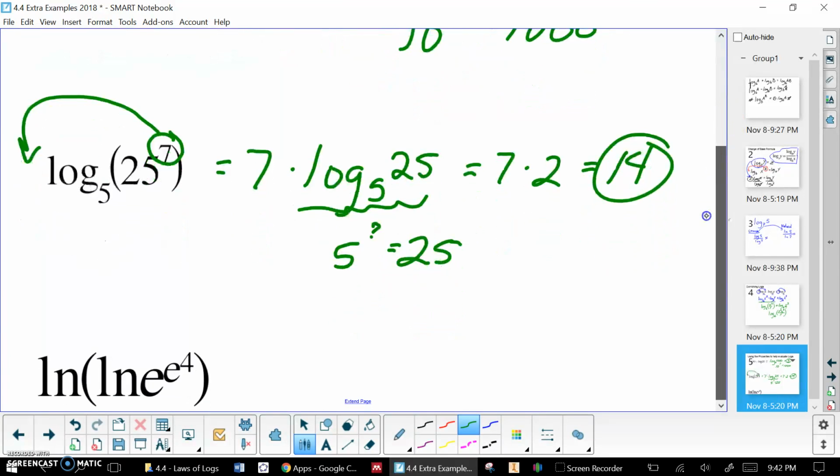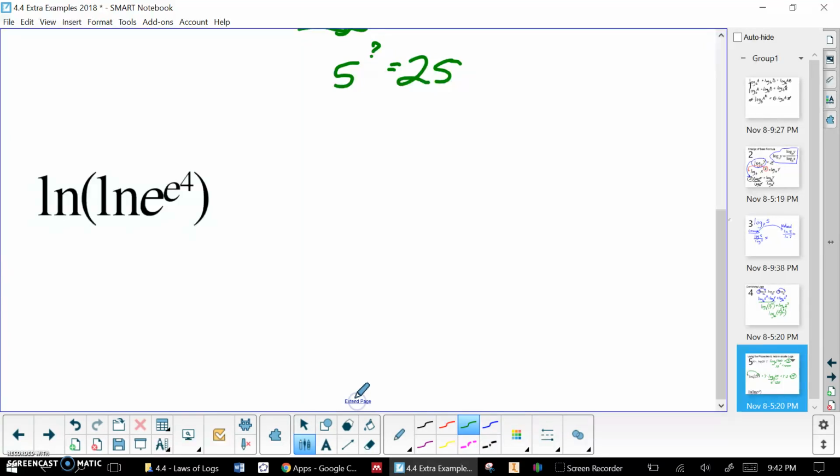This final example here is an example of those inverse properties of logarithms. And so here we see we have natural log of e to the something. And anytime we see that natural log of e, since natural log is log base e, those are inverses. And in this case, once I do that, I now have natural log of e to the fourth left over.